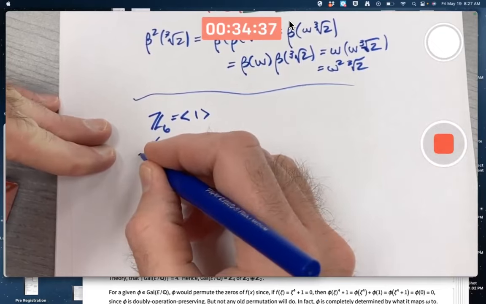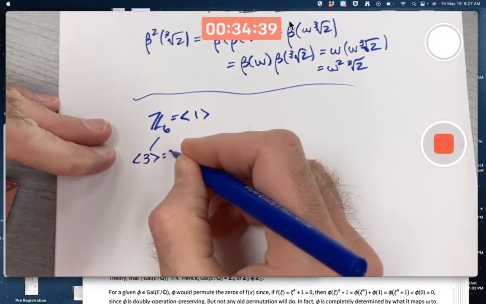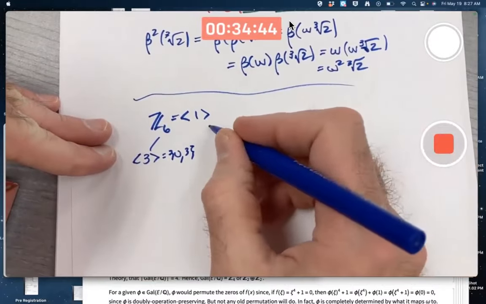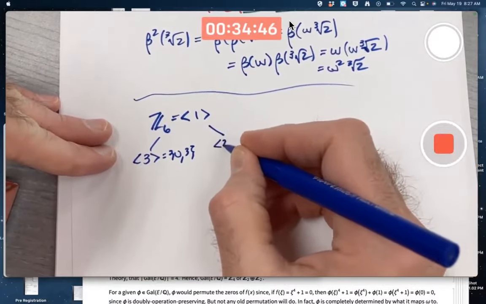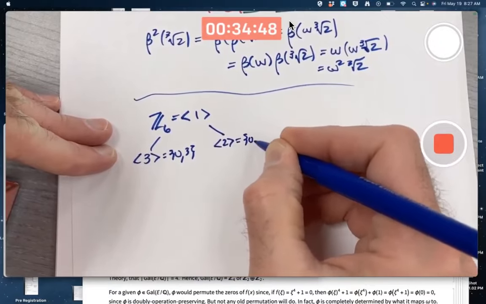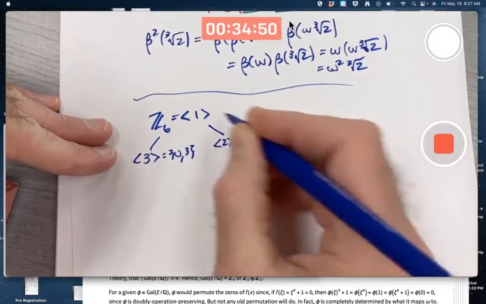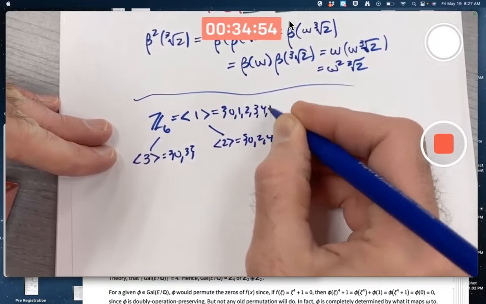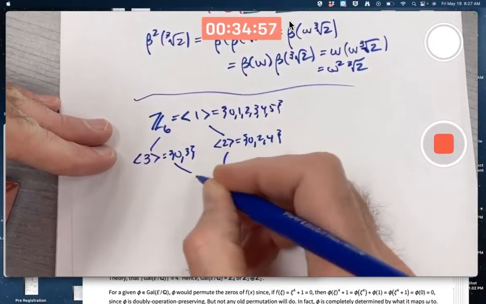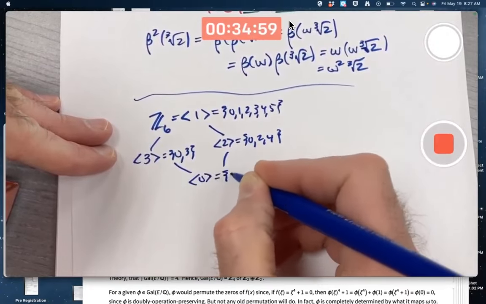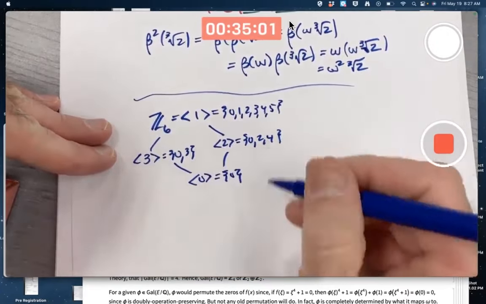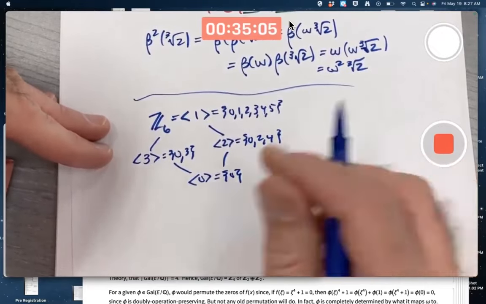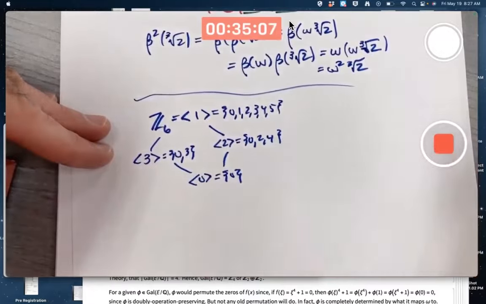The unique subgroup of order 2 is this, but I'm doing group theory here now. The unique subgroup of order 3 is the cyclic subgroup generated by 2. C6 is 0, 1, 2, 3, 4, and 5. And then it's got the trivial subgroup just containing 0. That's the lattice diagram for a cyclic group of order 6. Only one subgroup of each order. That's the fundamental theorem of cyclic groups.